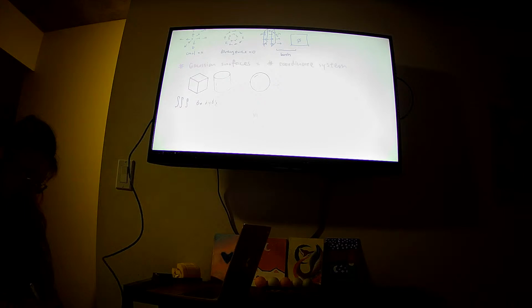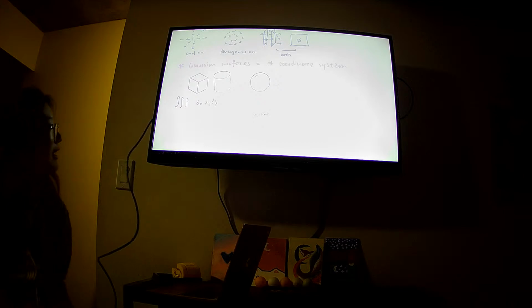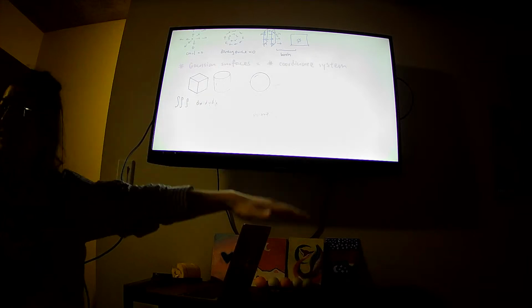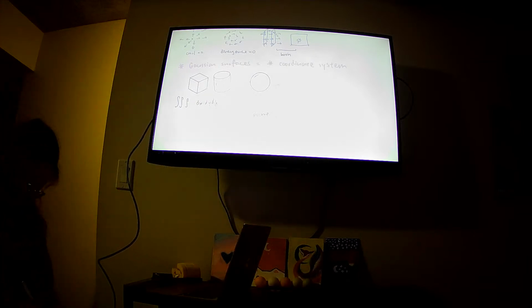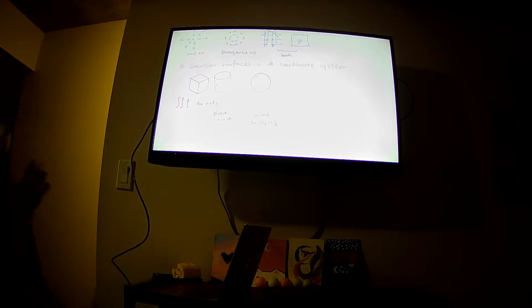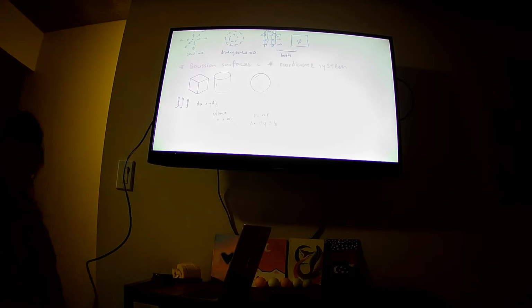You also understand that if you were to take a cylinder and stretch it out to infinite radius, you get a plane. Radius is like infinite.